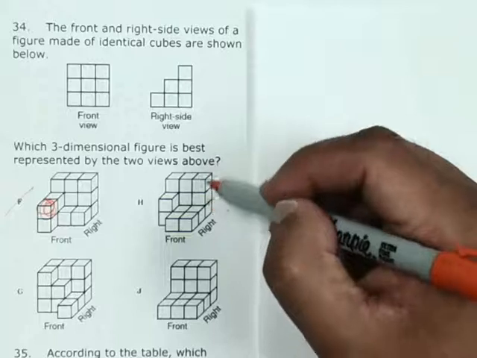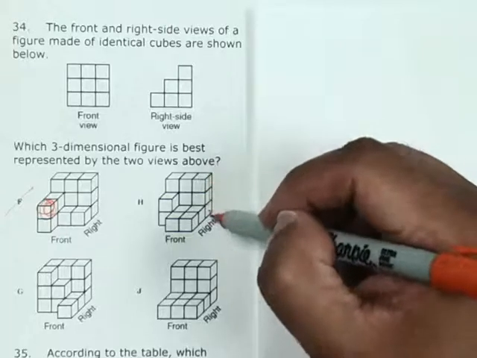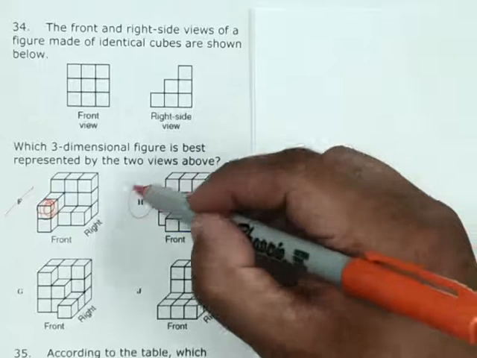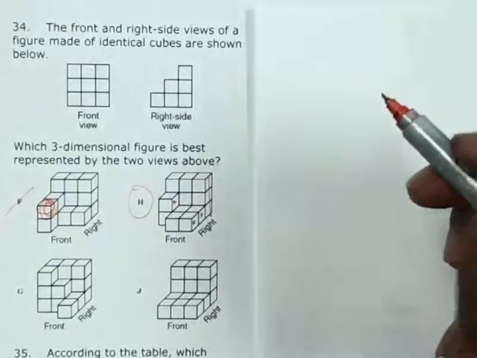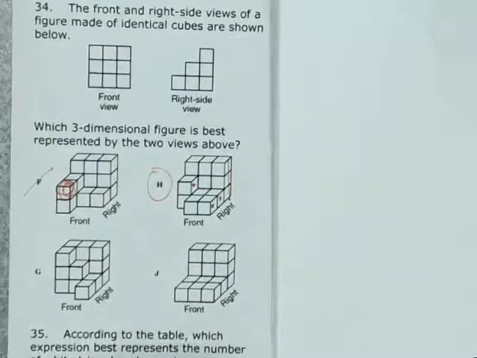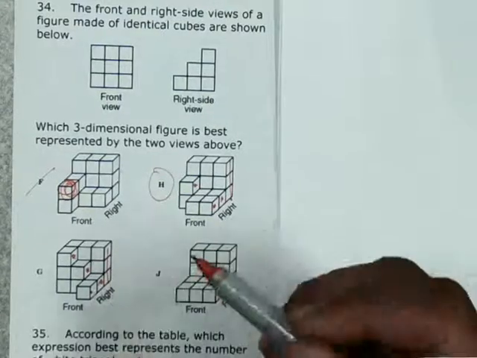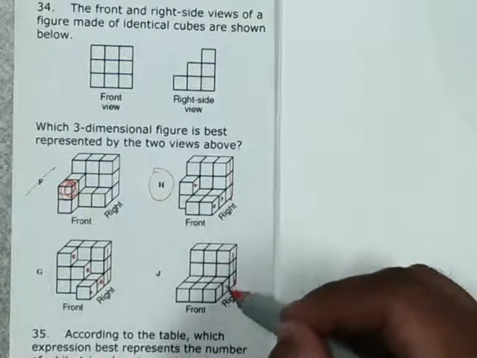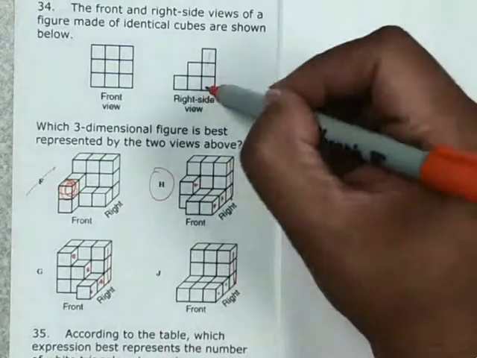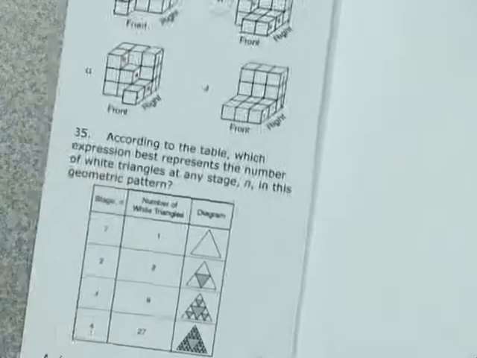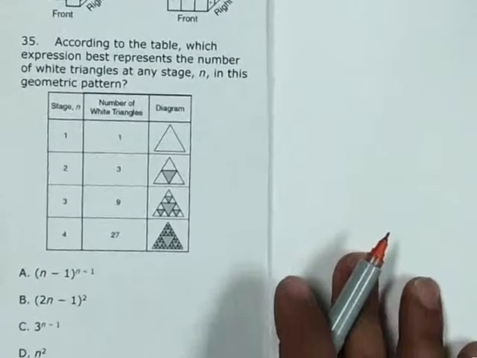Looking at this one, I have 3 here, I would have 2 here, and then 1 that I would see here. So that should be my right answer. I know this one's wrong because I have 3, then I would have 3 and 1 there. This one I'm going to have 3, 1, and 1. So it should be 3, 2, 1. So H is right.